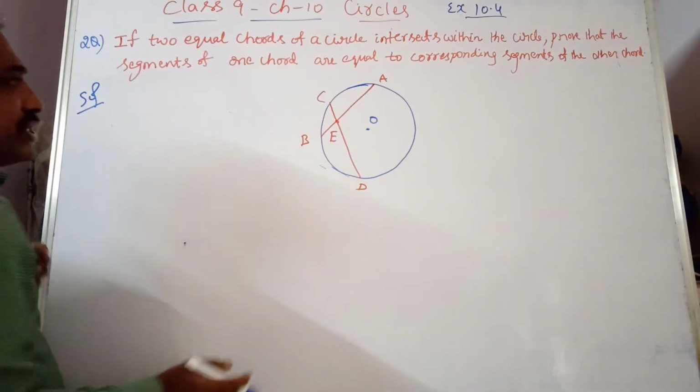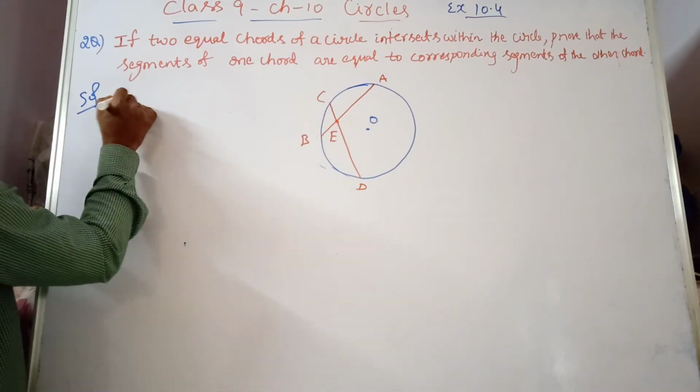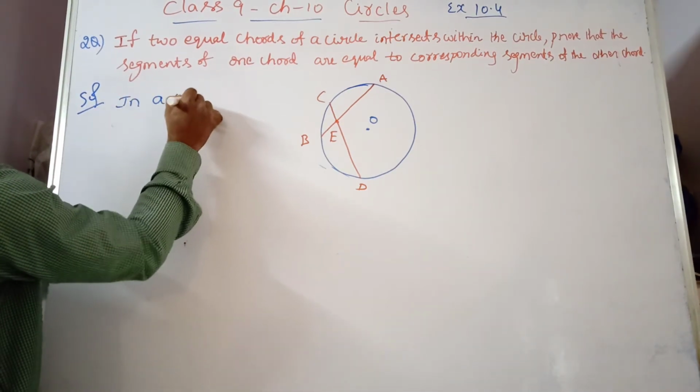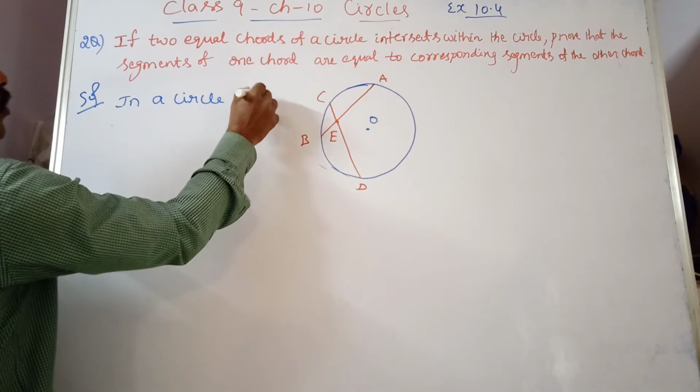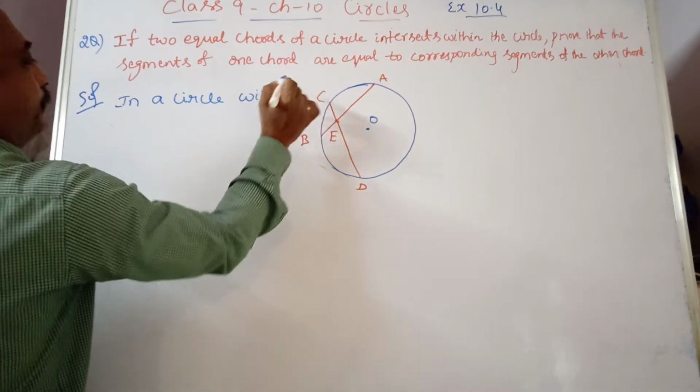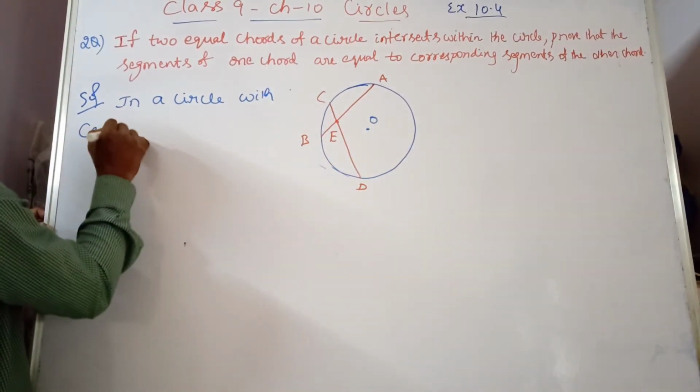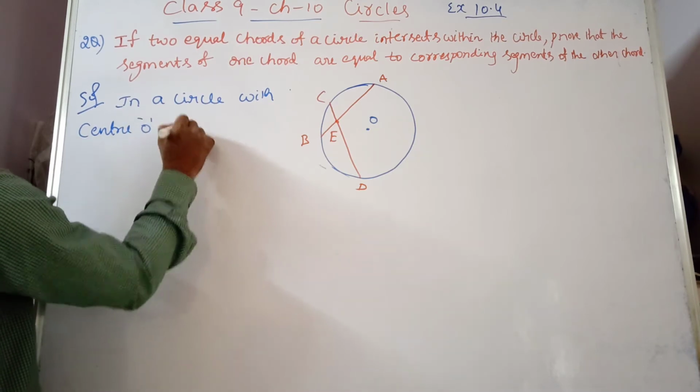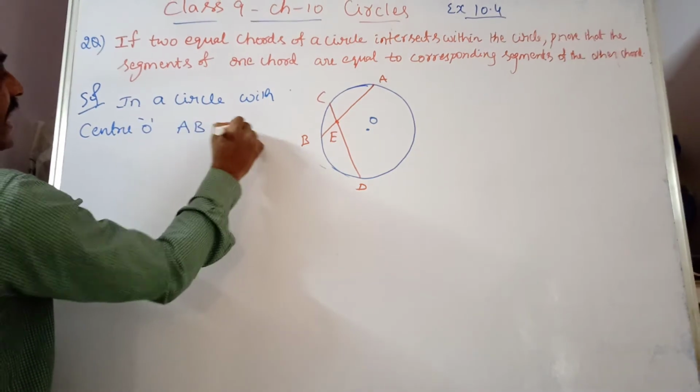What is given in the question that we will write. In a circle with center O, AB is equal to CD.